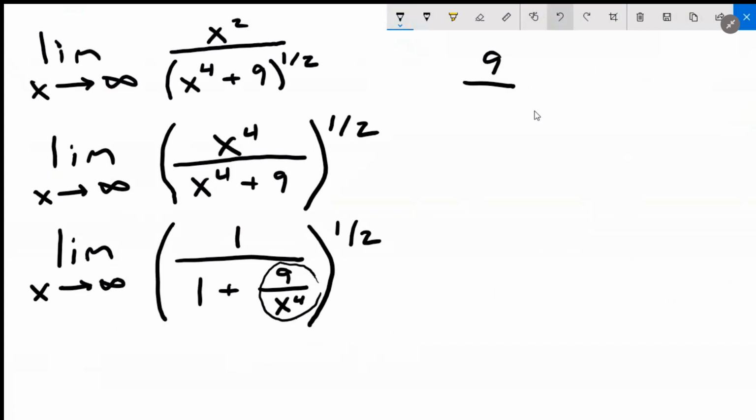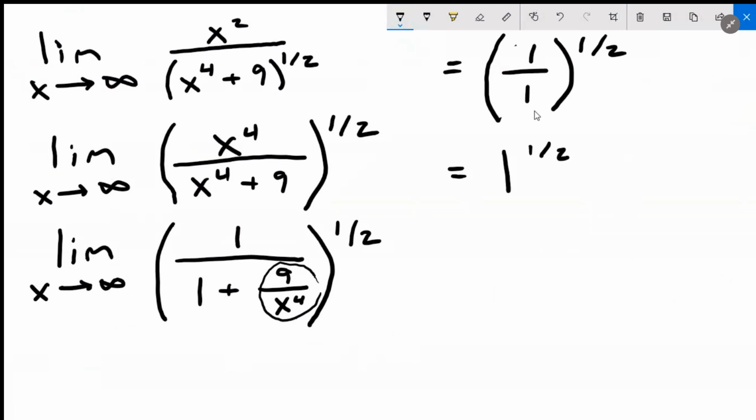So as x approaches infinity, since we don't have any x terms, we just say that's the same as 1 over 1 to the 1/2. And that's the square root of 1, which just equals 1.